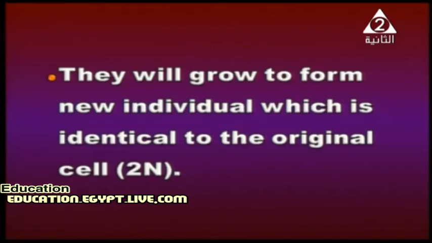This way of asexual reproduction is known as sporogamy, or spore propagation. The spore falls on a moist piece of bread, then grows by mitotic division to produce a new individual which is identical to the parent cell and contains the same number of chromosomes.